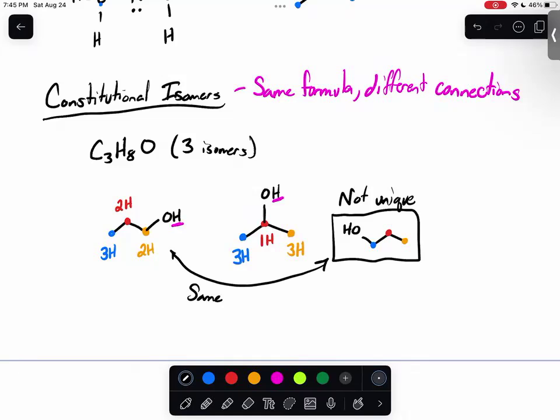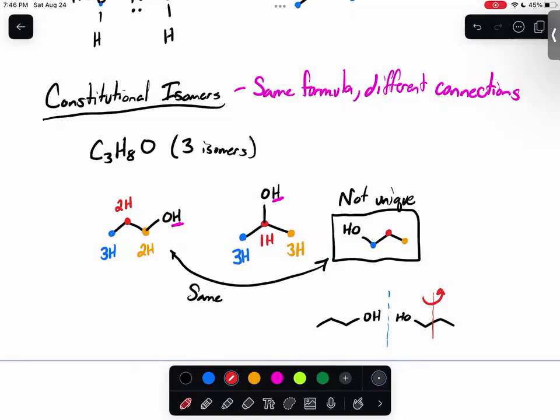If we put these two side by side, it looks a little bit like this thing is staring in a mirror. That just means we can rotate this around a vertical axis, like flipping over a piece of paper.